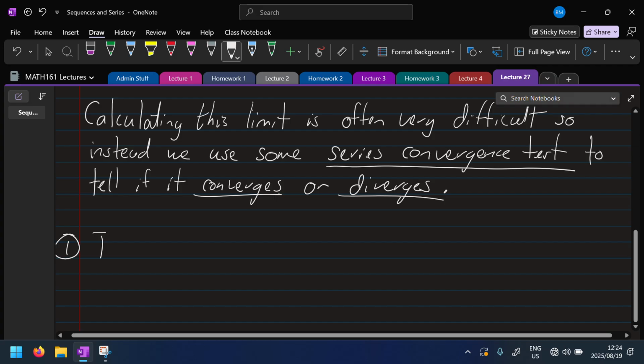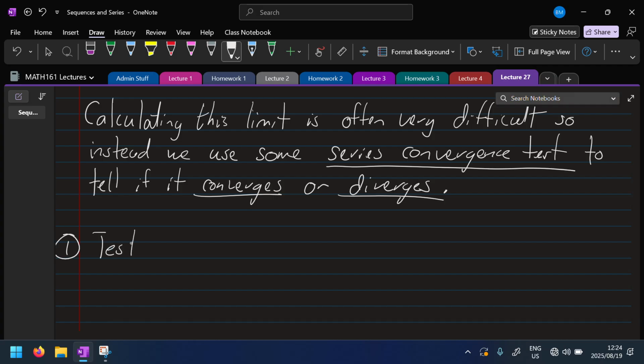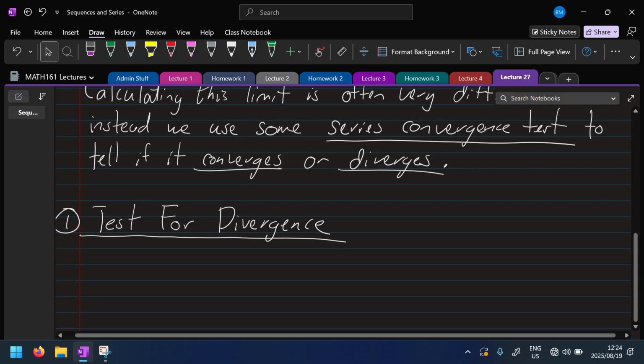These are just the names for them. So given a series, you'll say this series converges by the test for divergence, or diverges using the test for divergence. It's just the name we give for the test.